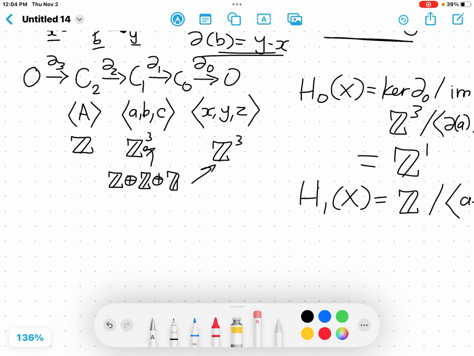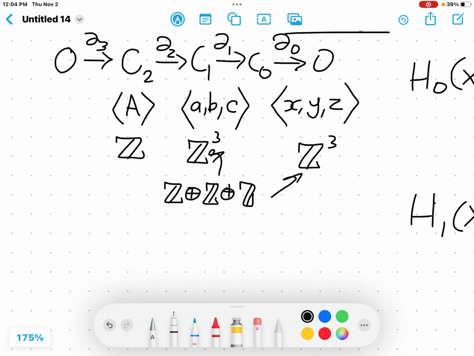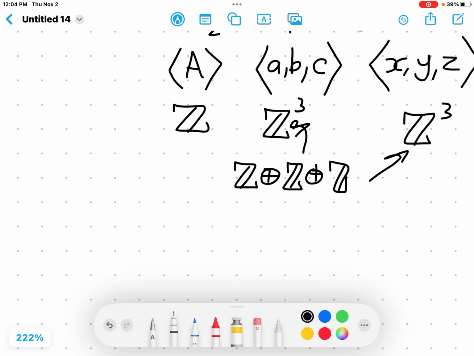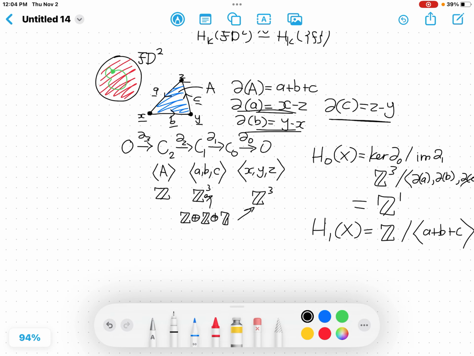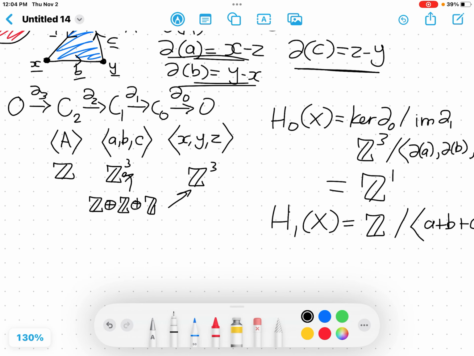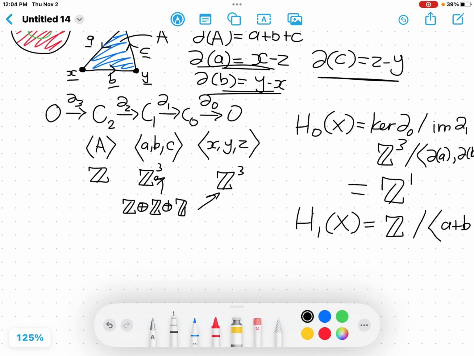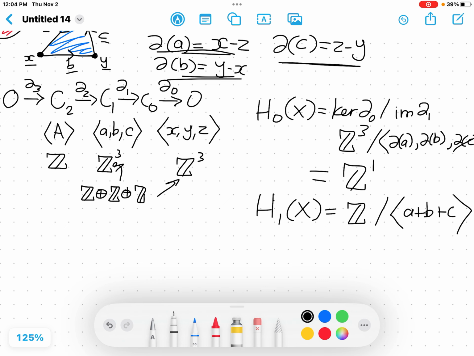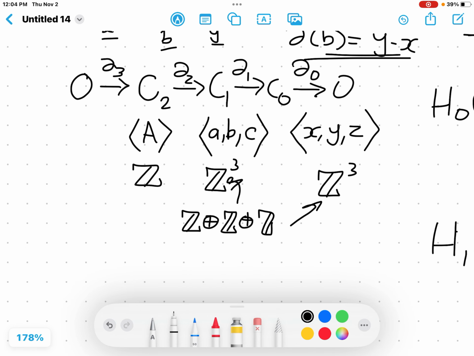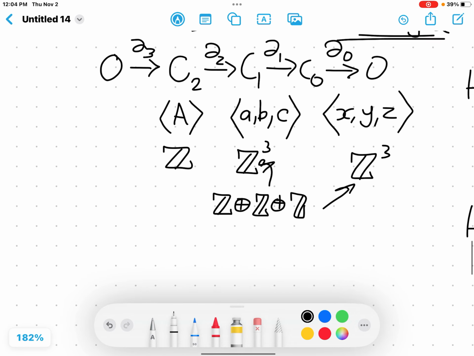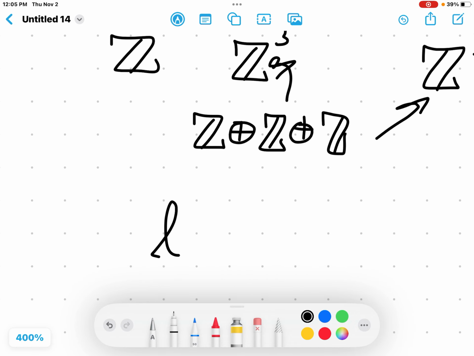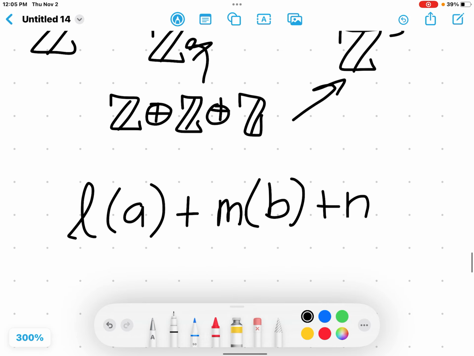Okay, so here's the thing with kernels. We will have to do a special algebraic procedure where we consider all possible linear combinations and then set it to 0. So the kernel of del 1 is spanned by a linear combination such that the linear combination of those edges gives me 0. I'll call it L a plus m b plus n of c.